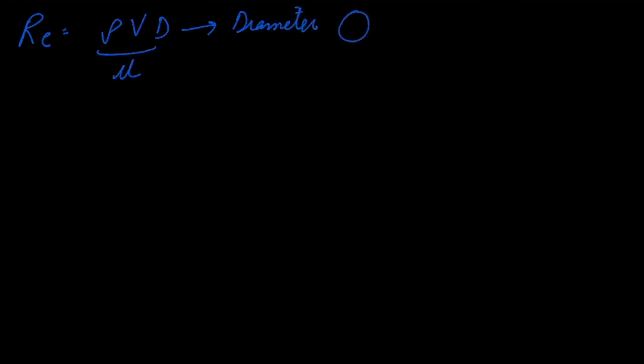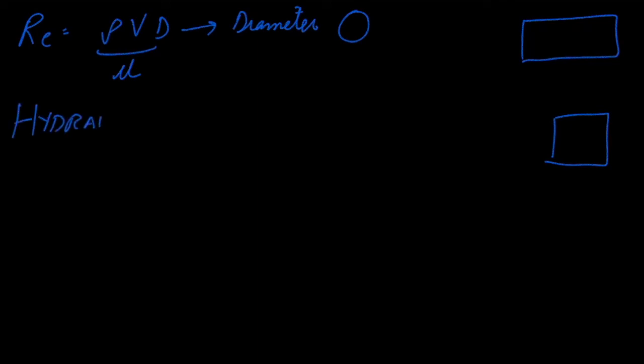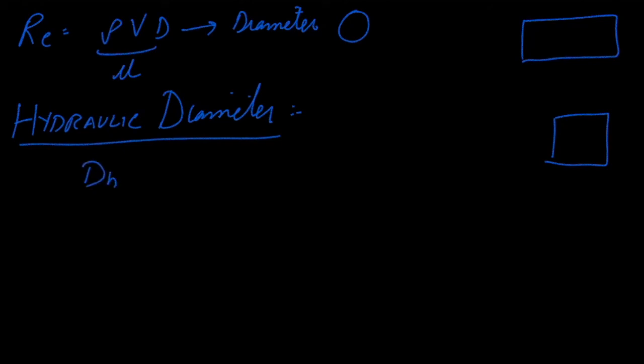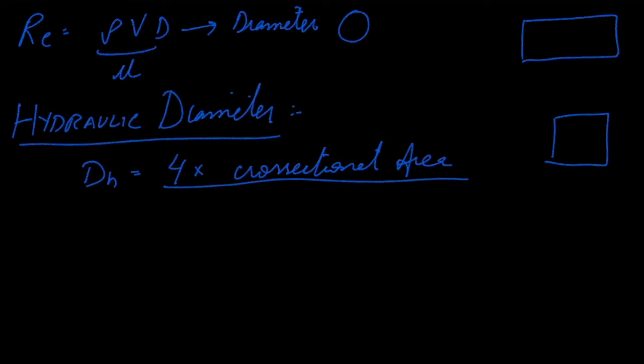But what happens if we are going to see flow in rectangular or square shapes? Then we use the hydraulic diameter. Hydraulic diameter is denoted by dH and equals 4 times the cross-sectional area divided by the internal perimeter.